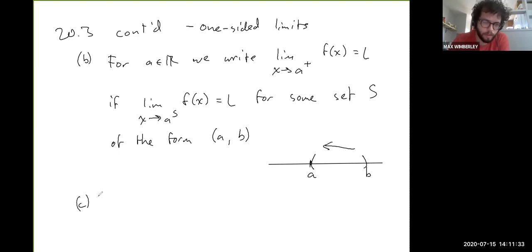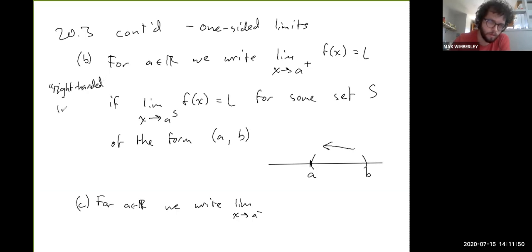And then similarly, the limit as x approaches a. This is the right-handed, and then this is the left-handed.